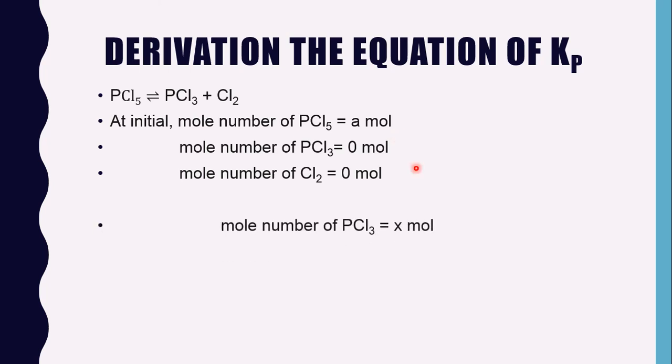Now look at equilibrium. Suppose X mole PCl3 is produced. Now at equilibrium, if mole number of PCl3 equals X mole, then mole number of chlorine equals X mole also, because 1 mole PCl3 and 1 mole chlorine will be produced from 1 mole PCl5. That means at equilibrium mole number of chlorine equals X mole.